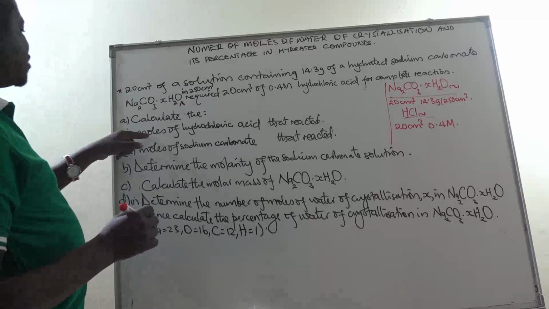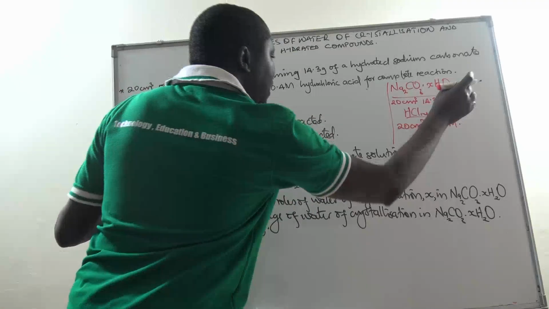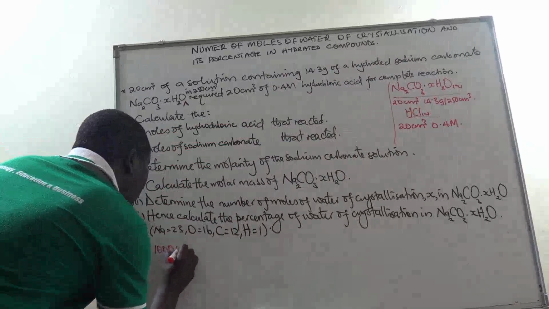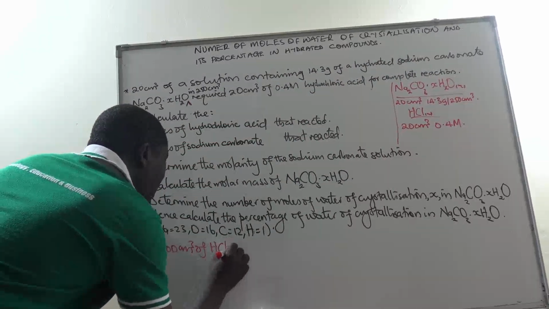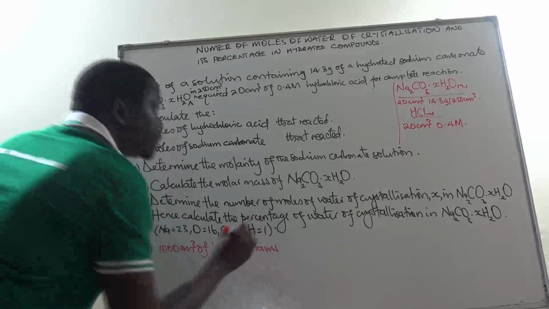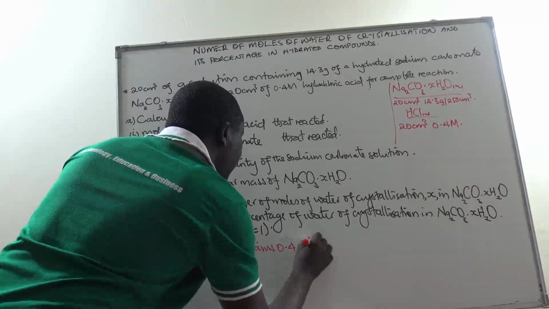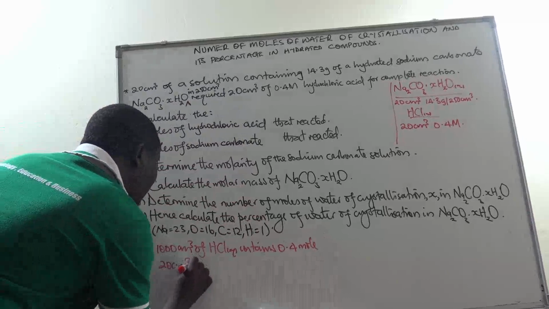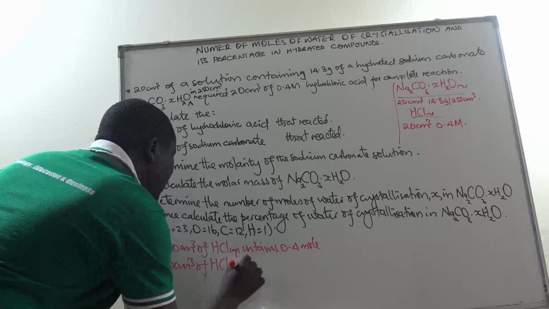In A Roman 1, they want us to get the number of moles of hydrochloric acid that reacted. So we come to hydrochloric acid, the molarity is here, it means 1,000 cubic centimeters of hydrochloric acid contains 0.4 mole. And then what of the volume that reacted, the 20 cubic centimeters of hydrochloric acid?